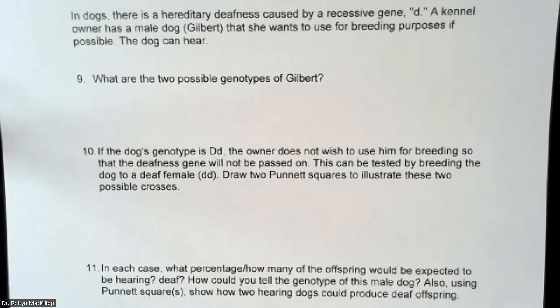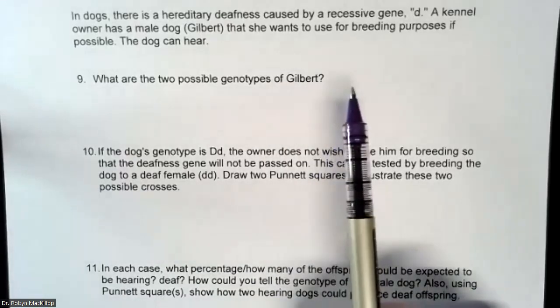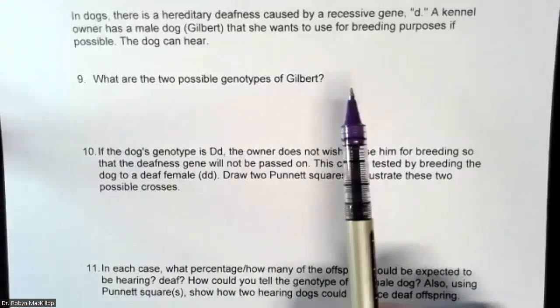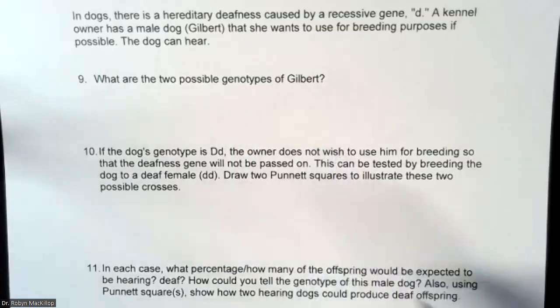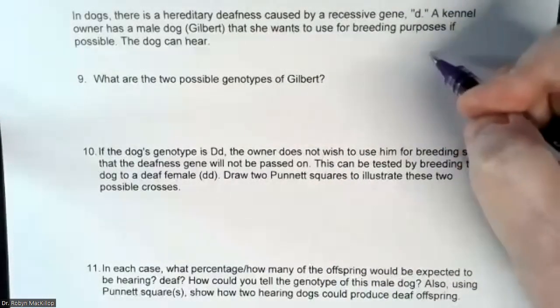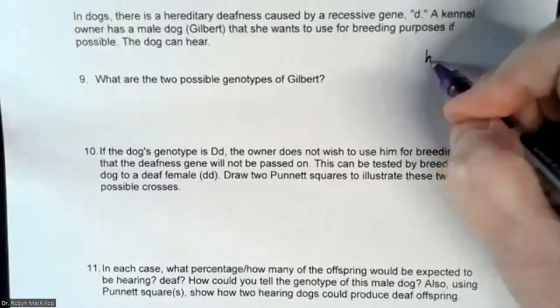Miss Robyn, when you finish with the class, can you send me the meanings of everything? I'm still a little confused with the homozygous and the heterozygous. I kind of have it, but I just need to know.